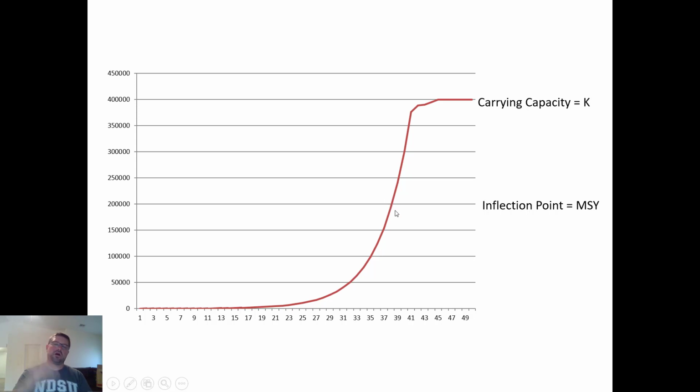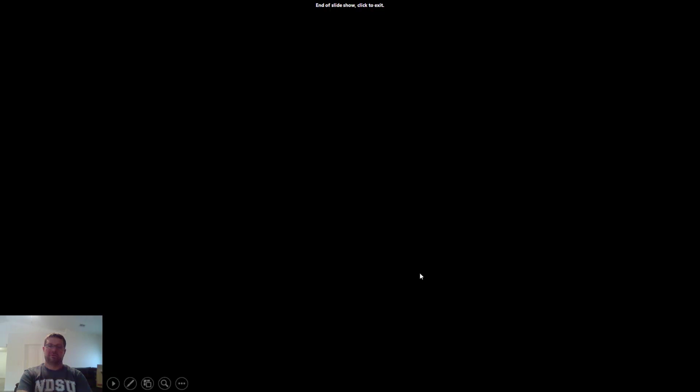I'll talk about that more in a later lecture. Why do we want to be at the maximum sustainable yield point? We'll talk about that, and I'll give you some more insight on future assignments where you'll calculate the carrying capacity, the growth rate, and the maximum sustainable yield of a population. So next time, more population dynamics.